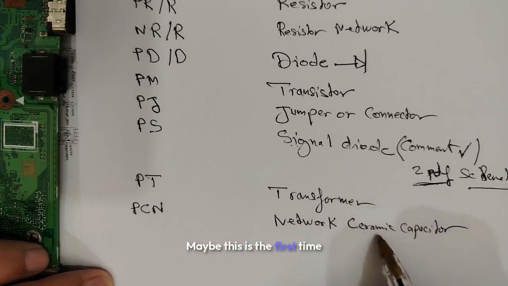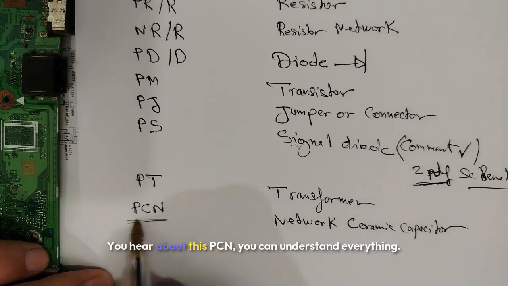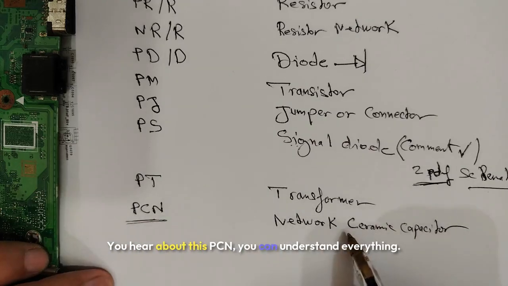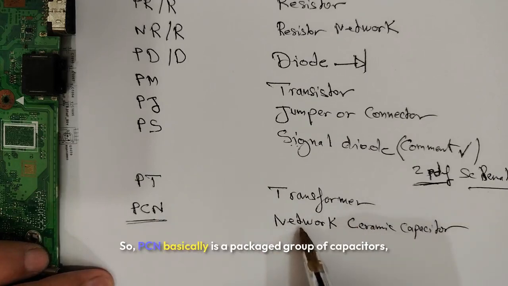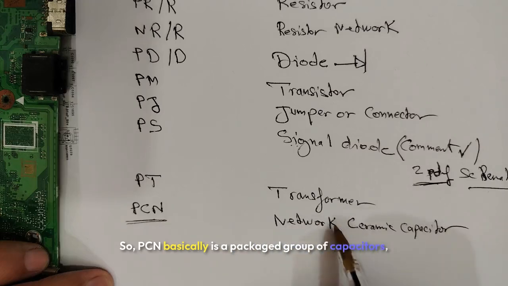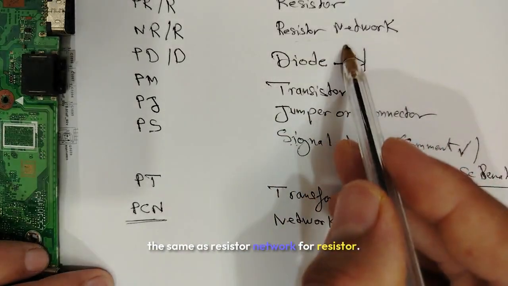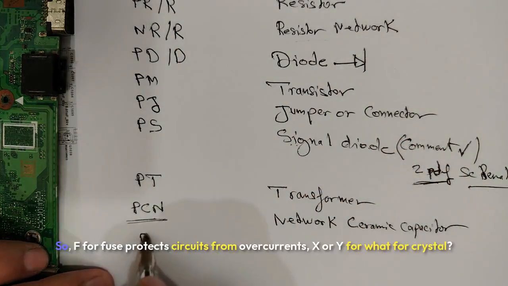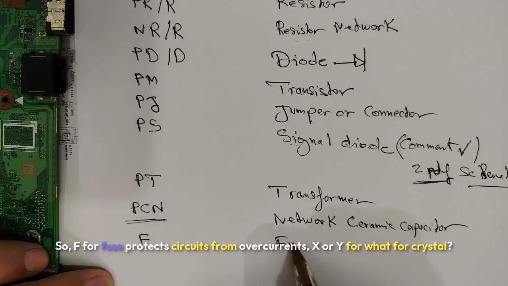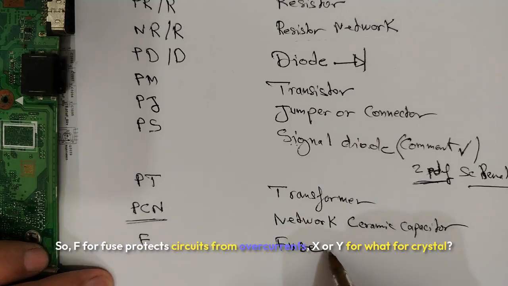Maybe this is the first time you hear about this PCN. You're going to understand everything. So PCN is basically a packaged group of capacitors, the same as a resistor network for resistors. So F for fuse, which protects circuits from overcurrents.